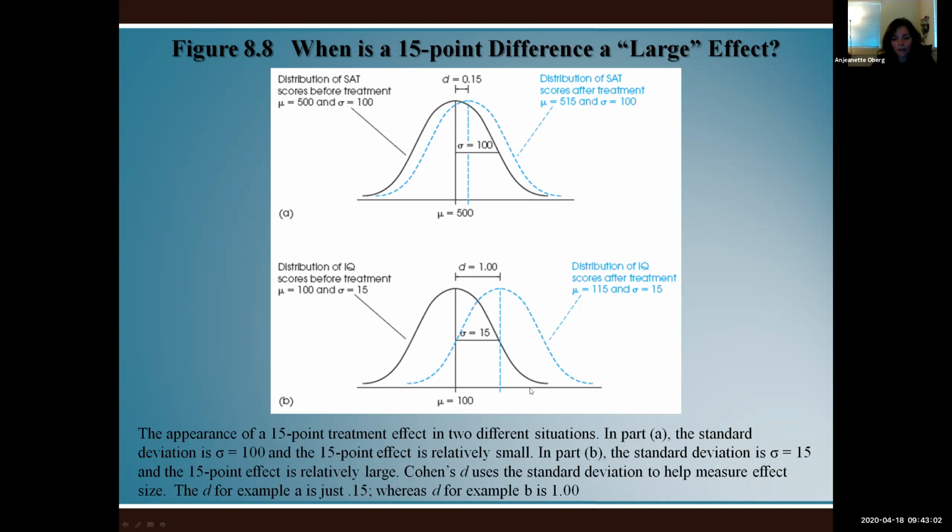Whereas in this one, when I'm looking at an effect size of d equals 1, it is shifting my scores by a whole standard deviation. So this one up here, the d is telling me that my effect is just increasing scores by 0.15 standard deviations. With a standard deviation of 100, that's just 15 points.